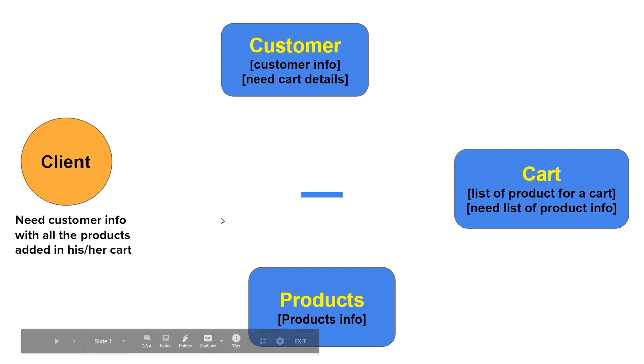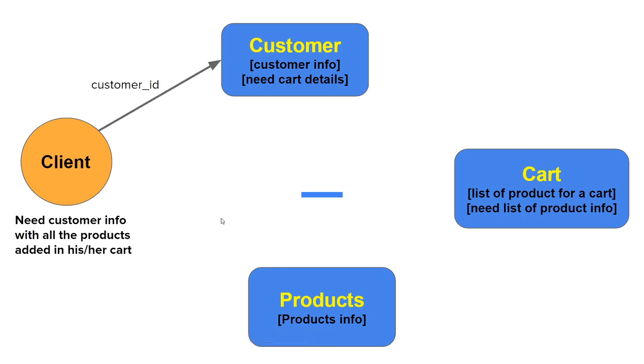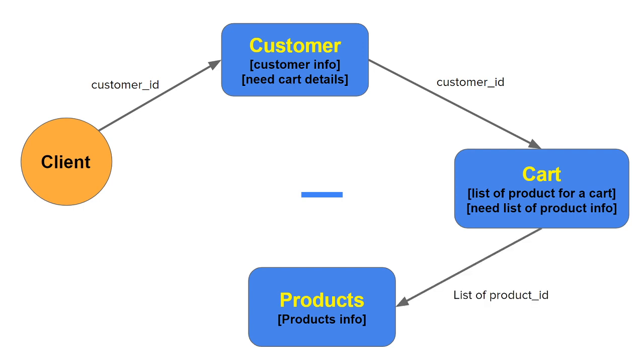First the client will pass the customer id for which he wants to get data. Customer will process the request, generate the customer information, and again pass the customer id to cart to get cart information. Here we will get the list of products added in the cart. Again cart will pass the product id list to the product service, where all the information is stored.